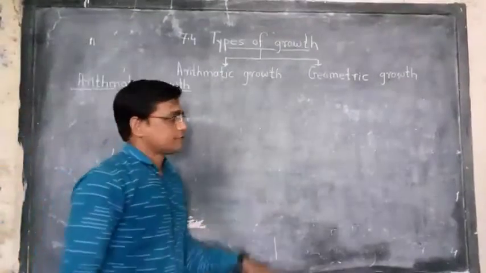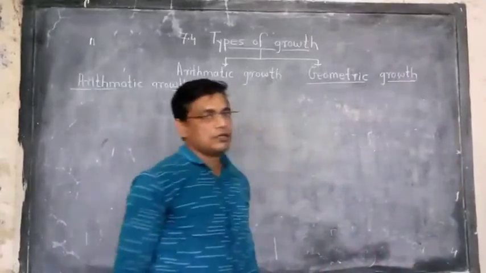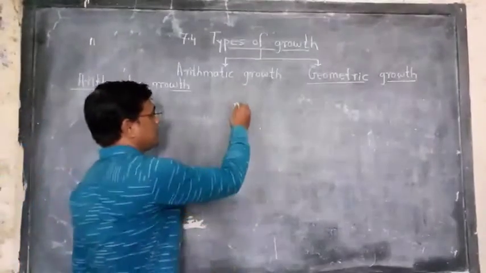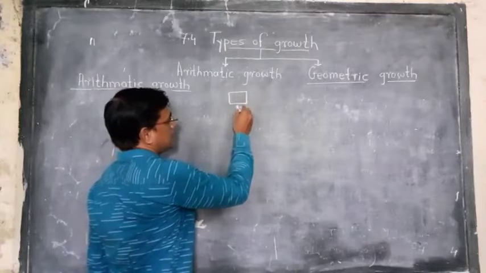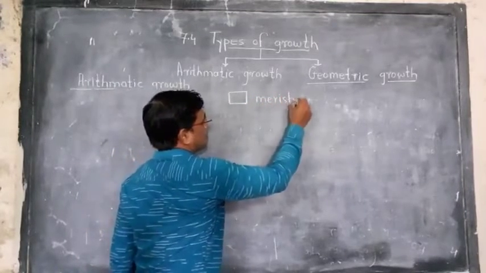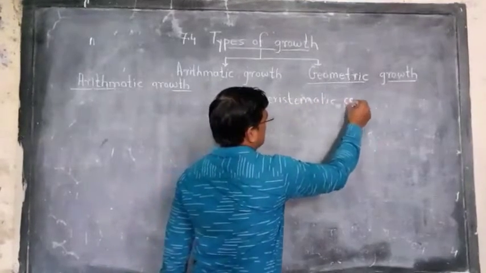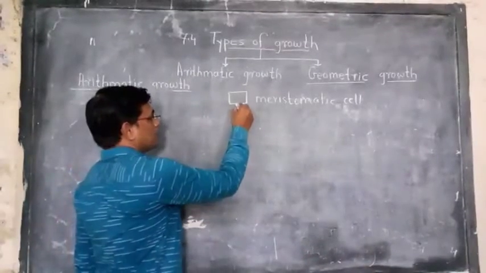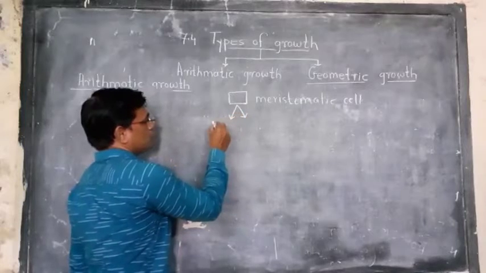In the second case, that is, in the case of geometric growth, here also we take an example of a single meristematic cell. It divides by the process of mitosis and gives rise to two cells.